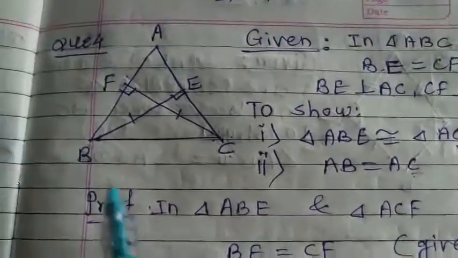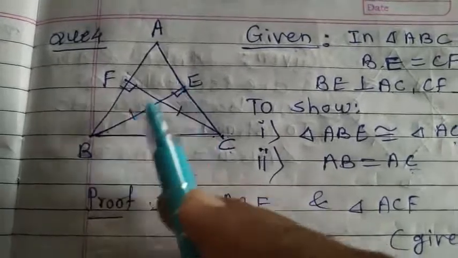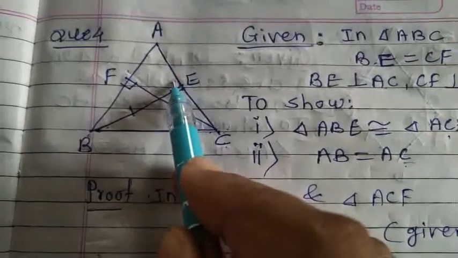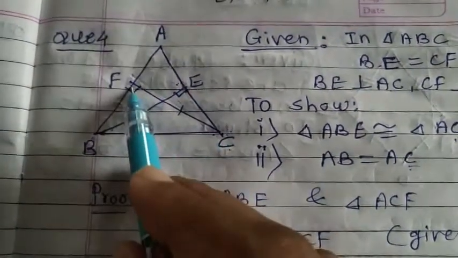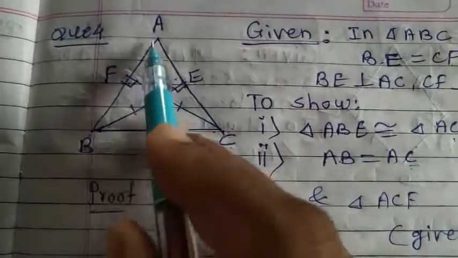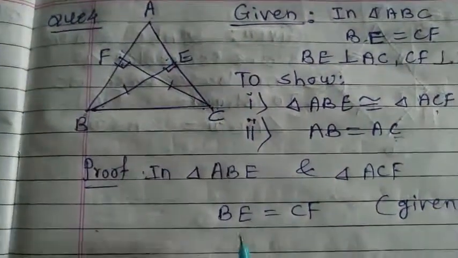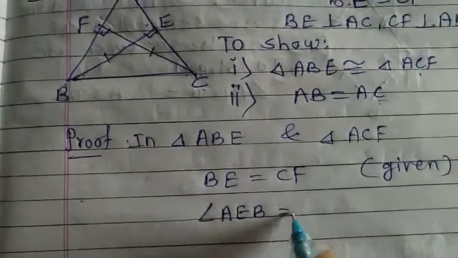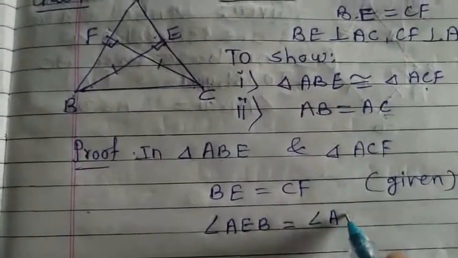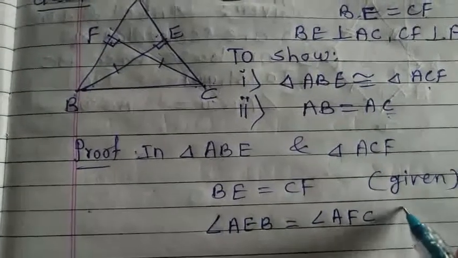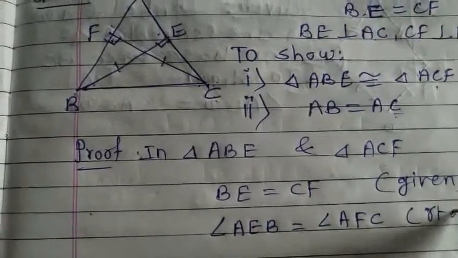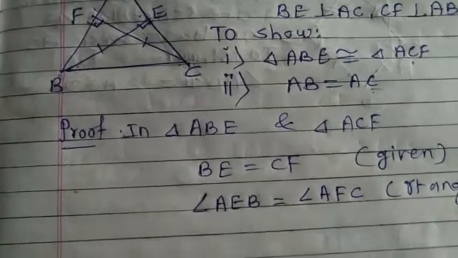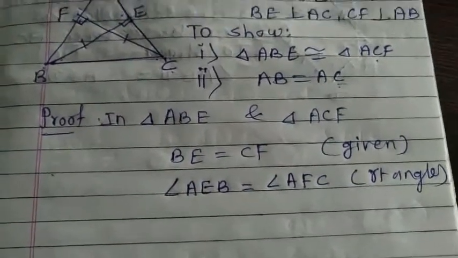The second part, BE is perpendicular, meaning angle BEA is equal to 90 degrees. CF is perpendicular, meaning angle CFA is also 90 degrees. Angle AEB is equal to angle AFC, right angles, each of 90 degrees. That's why both are equal.